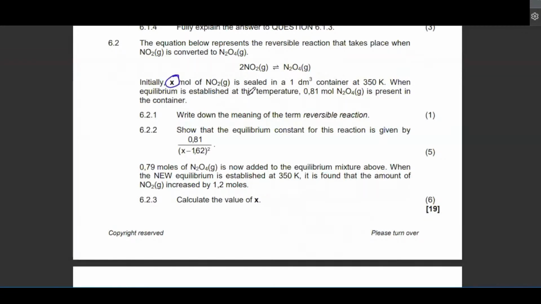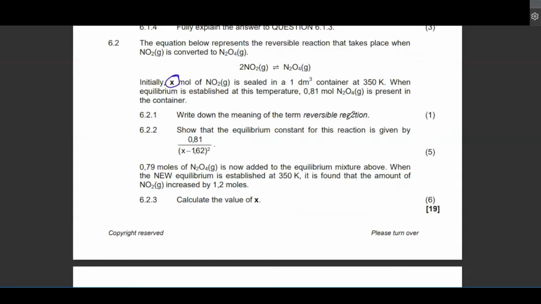When equilibrium is established at a temperature, 0.81 moles of dinitrogen tetraoxide is present in the container.